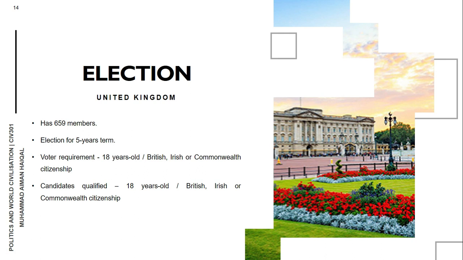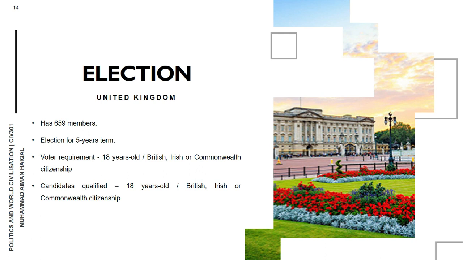Now we move to the election in the United Kingdom. Generally, elections in the United Kingdom take place every 5 years. A total of 650 people will be chosen as members of parliament to decide on legislation and policies.